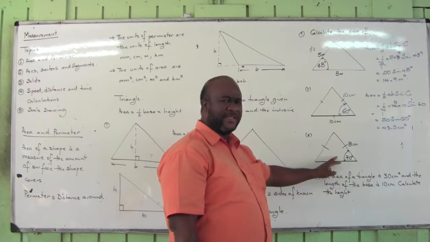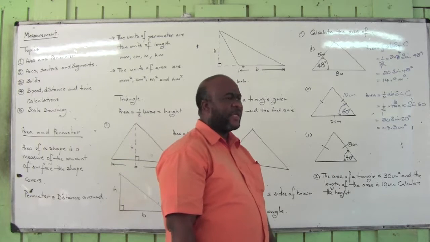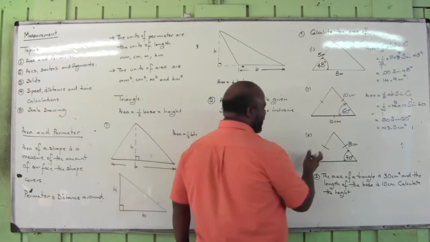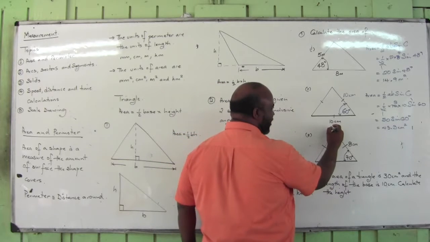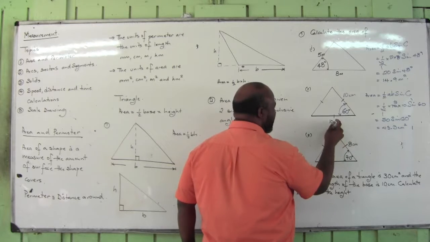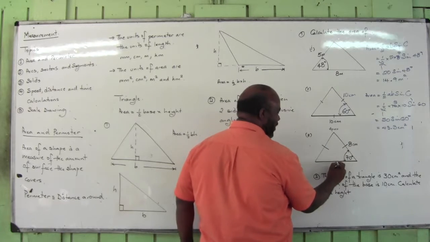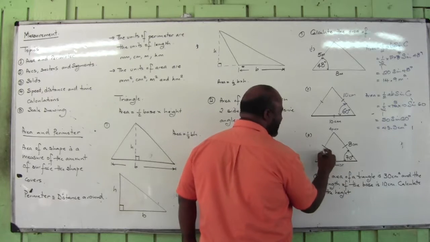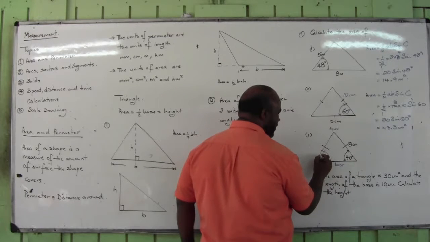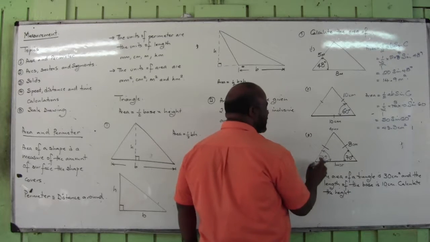What type of triangle is this? Isosceles. I hope you all remember. The two equal sides of the isosceles triangle meet at the apex. Opposite from the apex is the base. The two base angles are equal, so if this is 70, this is 70.